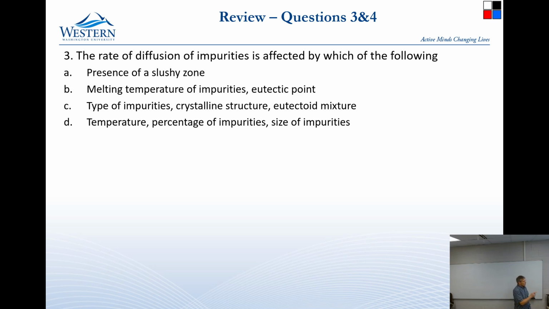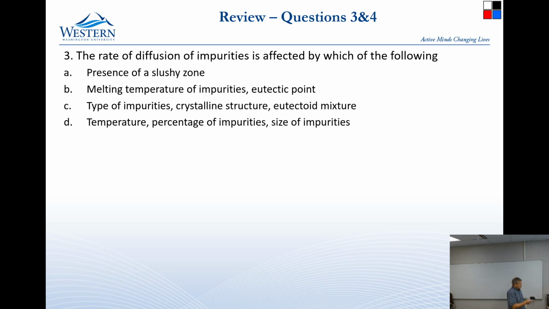The reason that 4 is a better answer than 3, so certainly the type of impurities and the crystalline structure are not that different than the percentage of impurities and the size of the impurities, so those two are pretty similar, but eutectoid mixture really has nothing to do with this. That is a specific mixture that goes straight from one solid condition to another with a phase change without going through an intermediate phase. So it really doesn't have anything to do with this. So, rate of diffusion.